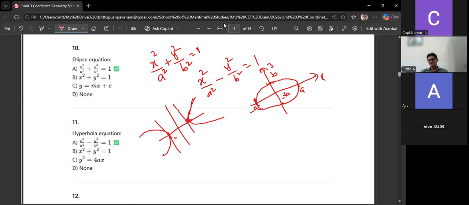But in higher studies, you may study the parabola mostly, because the parabola is important. The hyperbola and ellipse we rarely use. So, question number 10: the equation of an ellipse. Question number 11: the equation of a hyperbola.